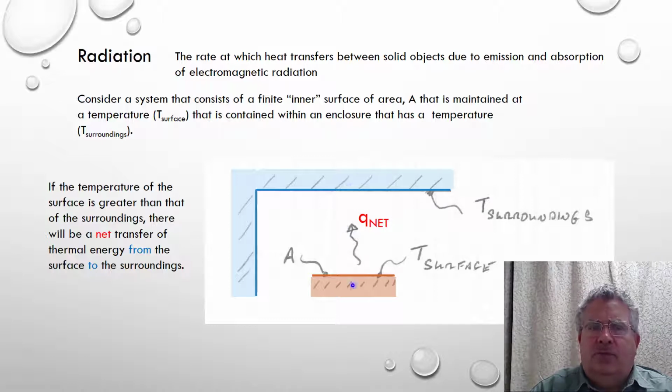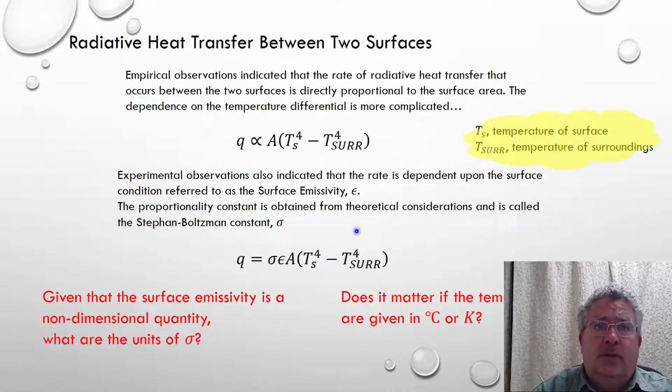If it's absorbing more than it is emitting, then it has a Q net coming into it, and if it is emitting more than it's receiving, then it has a Q net leaving the body itself.